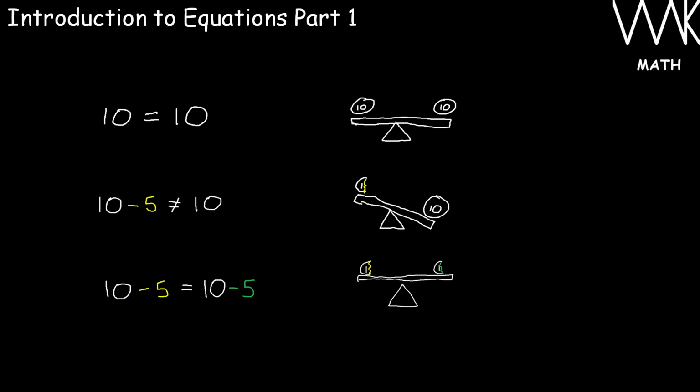Now we'll actually explore why having this equality is really important in the next video. For now, just worry about the idea of making sure things are balanced. There are two ways of balancing. You can undo the changes you've made, or you can readjust the other side by using the same manipulation you did on the left side.